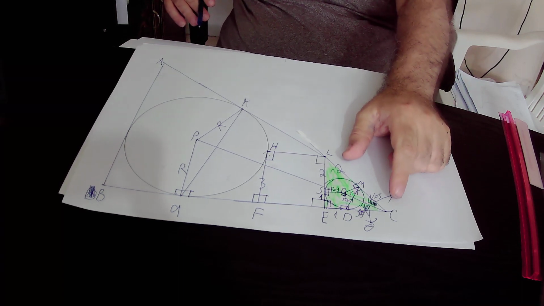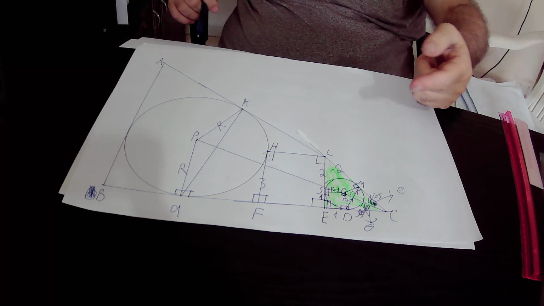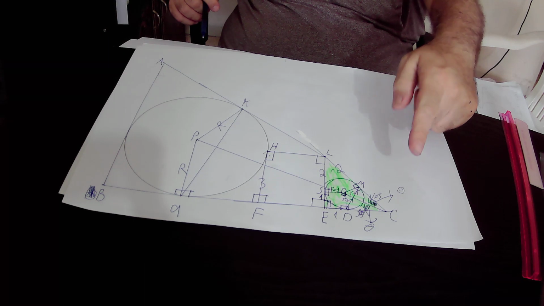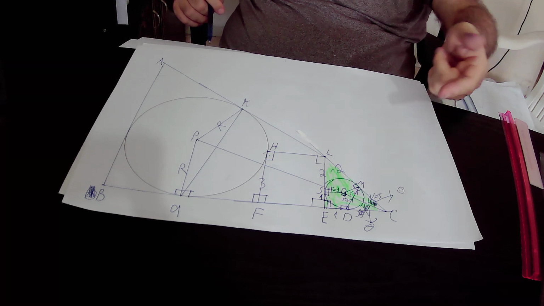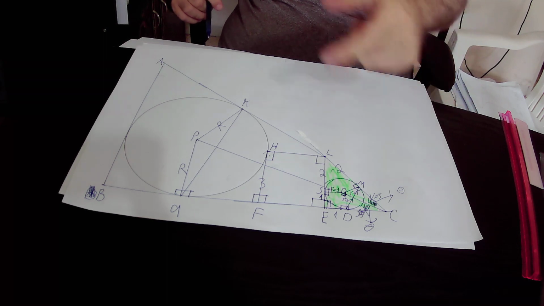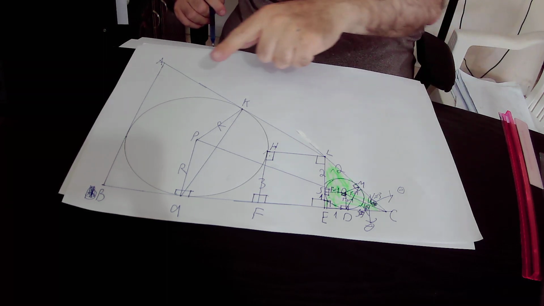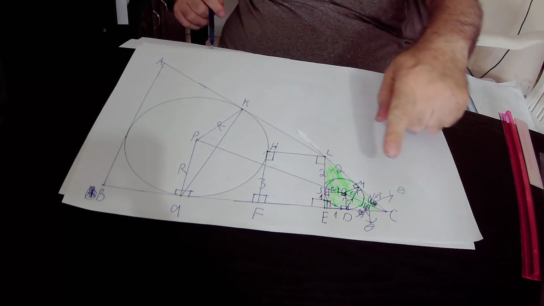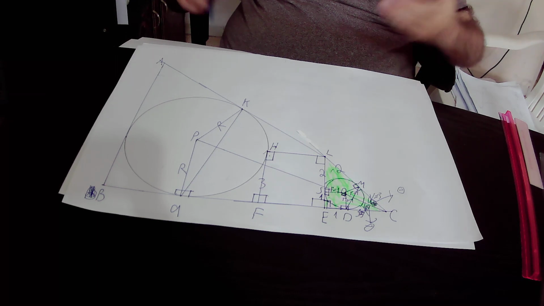If CO doesn't pass through point P, then it is impossible that PC and OC will be located on the same straight line. But according to our assumption, CO doesn't pass through point P. Therefore, PC and OC are not located on the same straight line, according to our assumption.